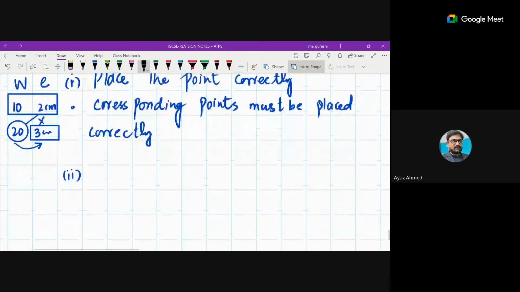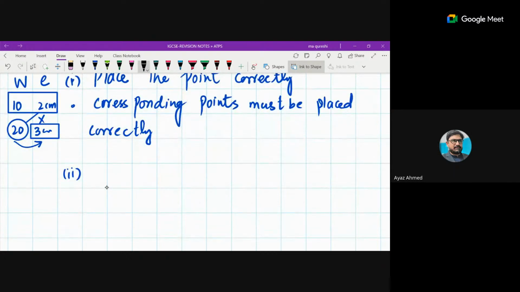Second thing you have to consider, very important: plot the points with a sharp pencil.